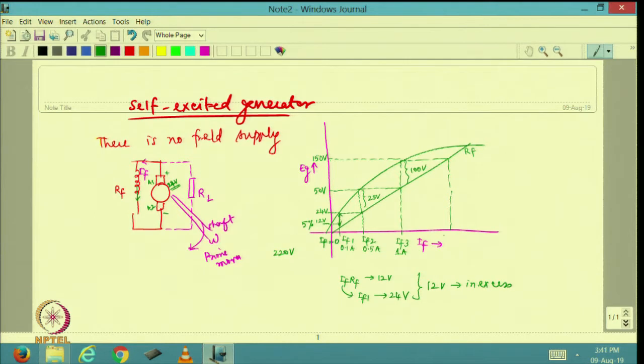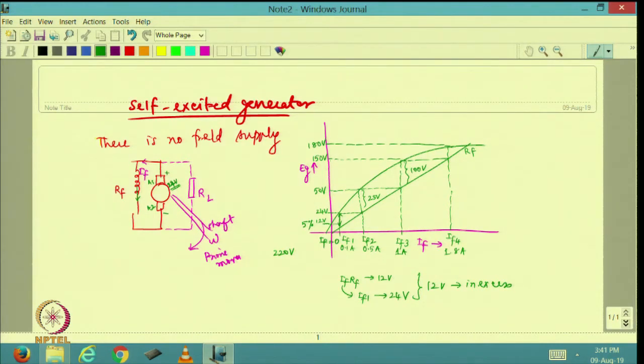So, this is corresponding to IF4. This current can be as high as, let us say, 1.8 amperes. Corresponding to this, I am definitely going to have a higher voltage, but please note, I have already attained close to saturation, because of which the voltage has increased only slightly, maybe 180 or 190 volts.